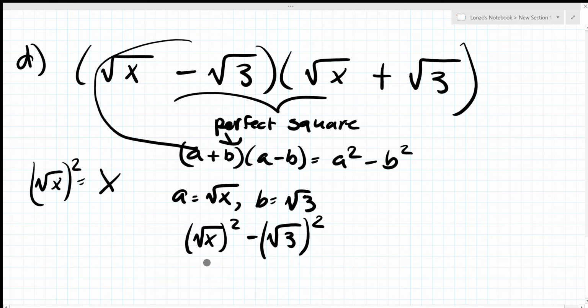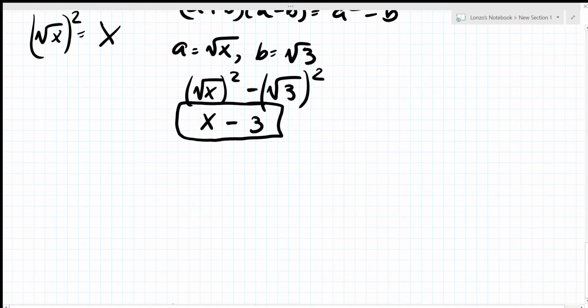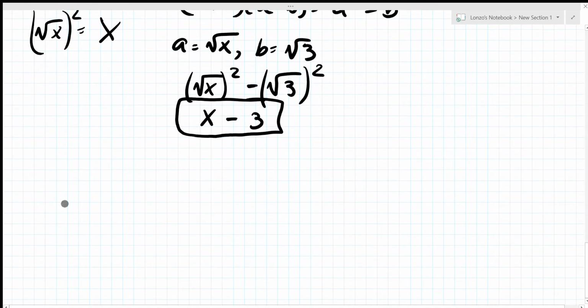Same concept here: you're left with x minus, the radical disappears because we're squaring it, so it's going to be x minus 3. So that's your final answer. So yes, the rules come in handy. What about this part, e? X to the 1/2 minus y to the 1/2.